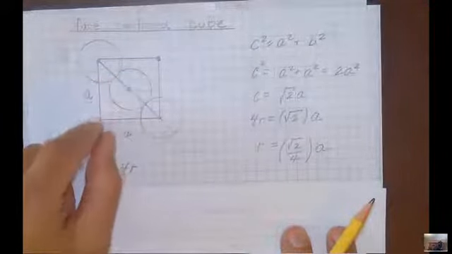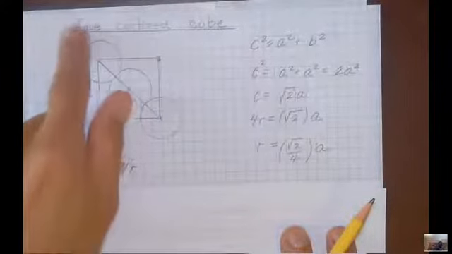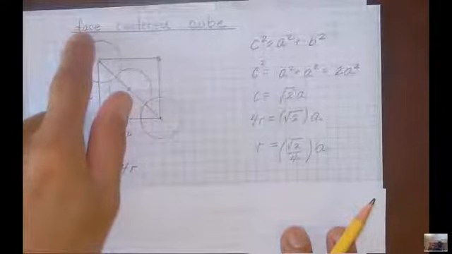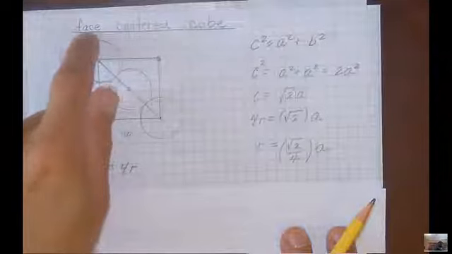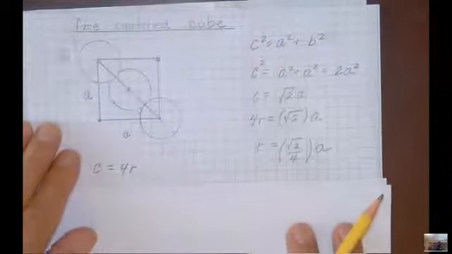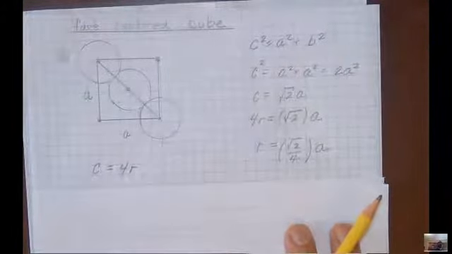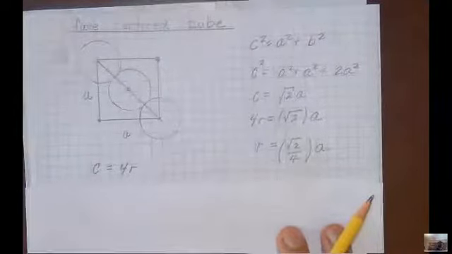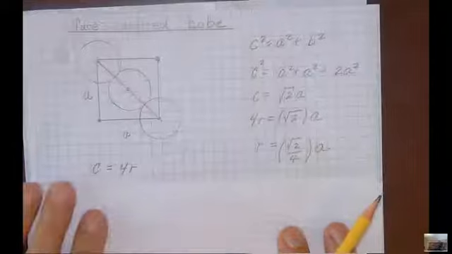Most of the time, cubic metal structures fall into our favorite two categories, face-centered and body-centered. Those are the only two you're responsible for. I won't ask you about this relationship in a simple cube. All right, let's get started.